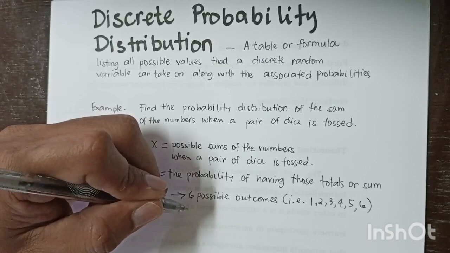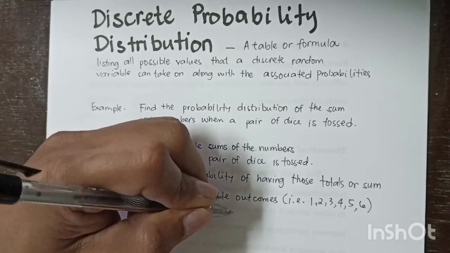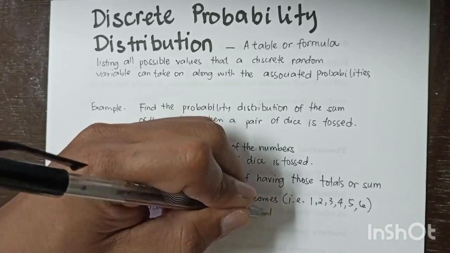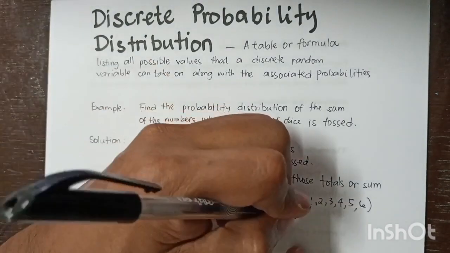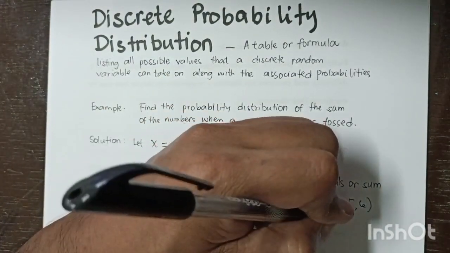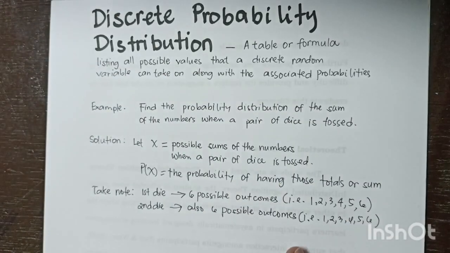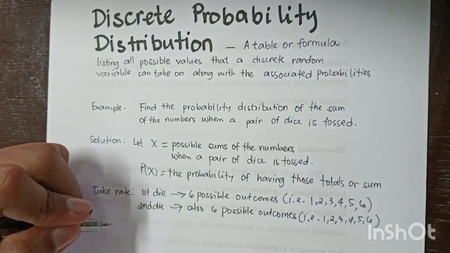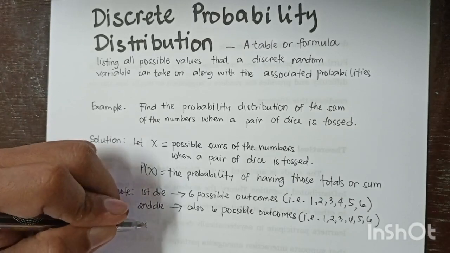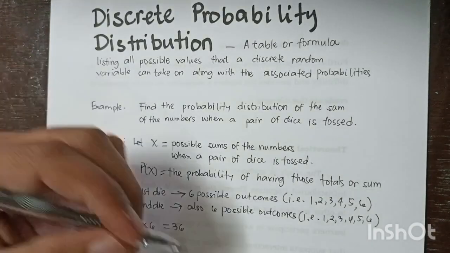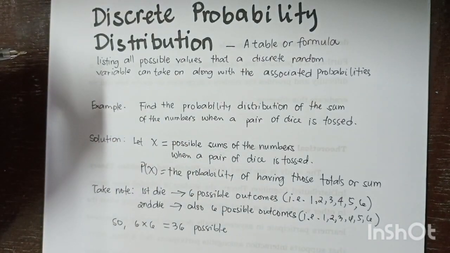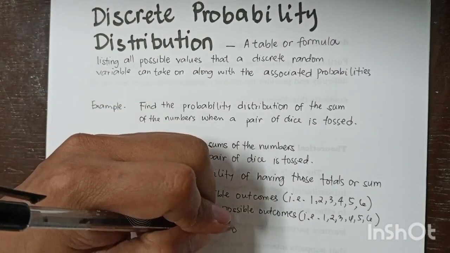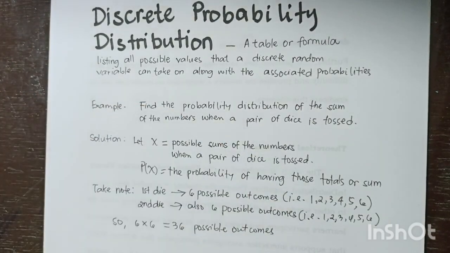There are also 6 possible outcomes: 1, 2, 3, 4, 5, and 6. So 6 times 6 equals 36. So we are expecting that there are 36 possible outcomes.